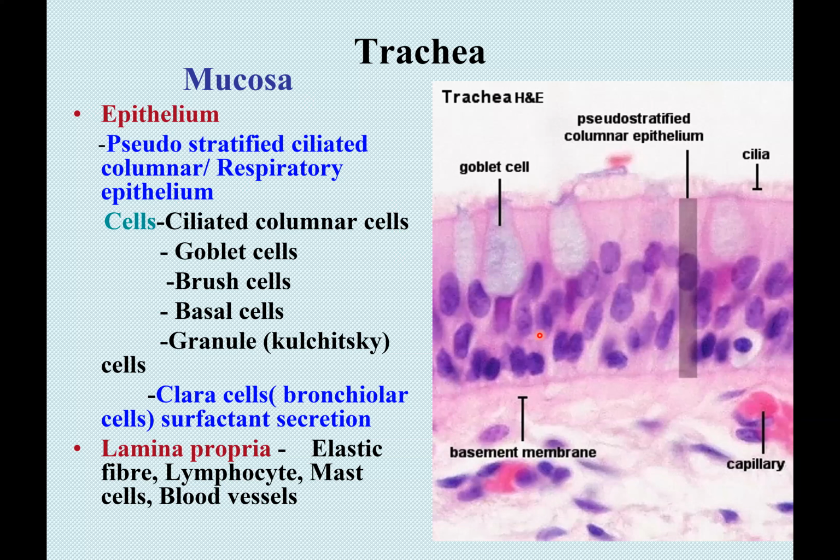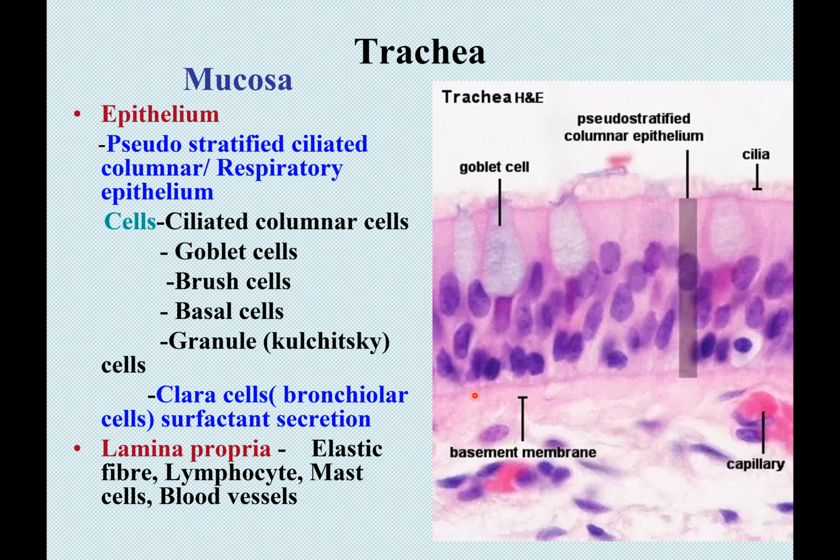That means you need to tell me all these things. The cells we can see here first are the pseudostratified columnar cells, which are ciliated. Then we have the goblet cells. We have the basal cells, which are almost down here, which produce other cells. The granular cells, we cannot see them here, okay?